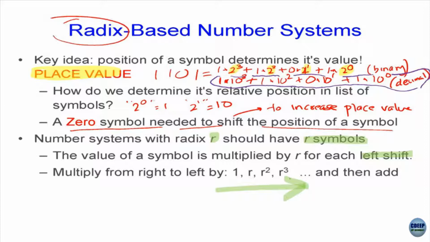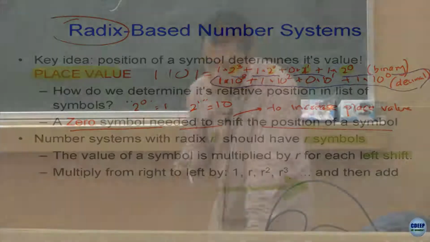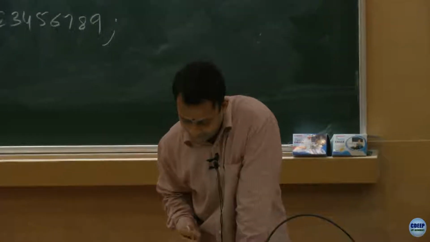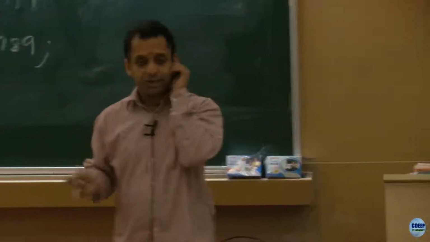Now we talked of decimal, which has 0 to 9, which are 10 symbols. Binary has 0 and 1, 2 symbols. In general, you could have R symbols. So if you have radix system R, you should have R symbols, and the value of a symbol is multiplied by R for each left shift.